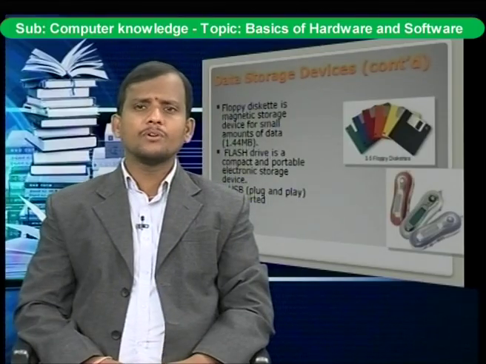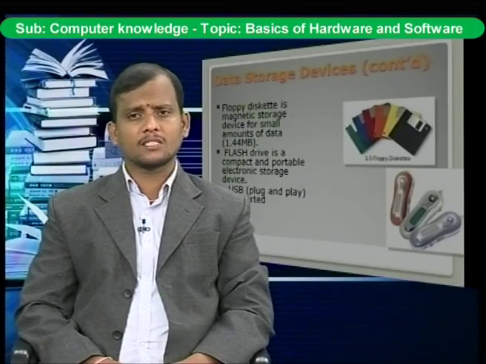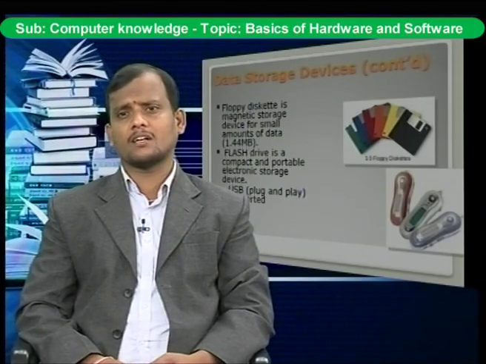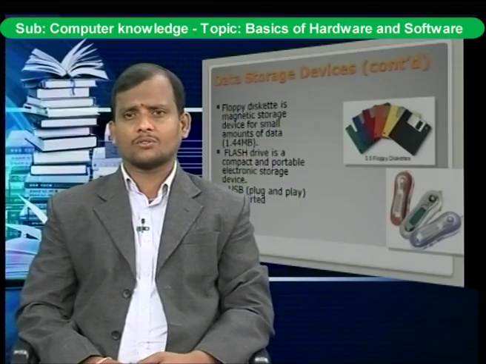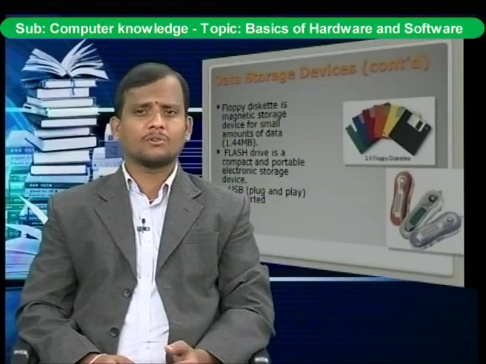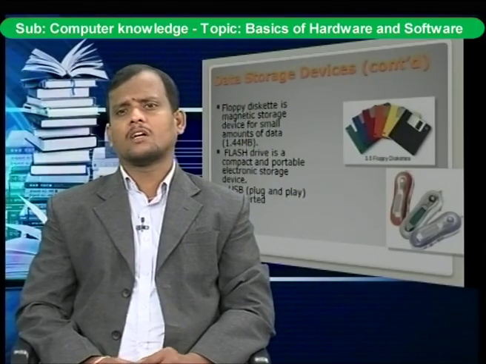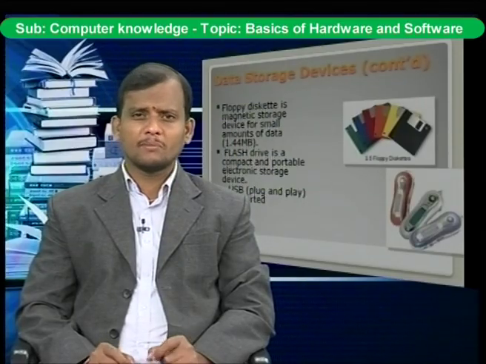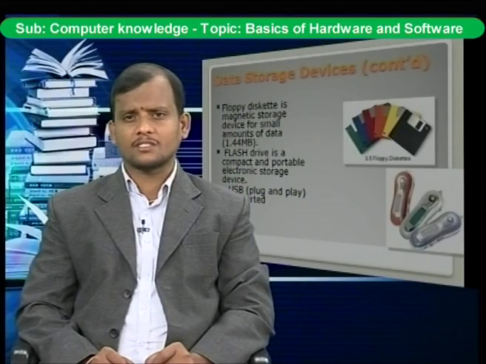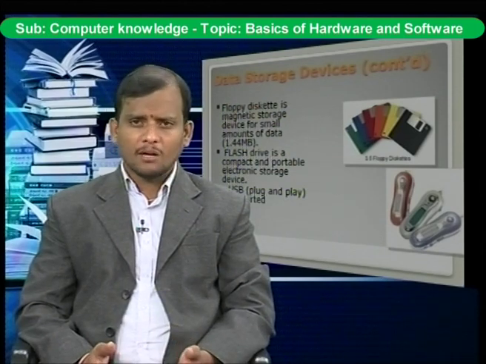These are a few data storage devices, the devices which we use to store data. One of them is the floppy disk. Nowadays you can't see floppy disks, but initially we used to have them. Very little data can be stored, about 1.44 MB.